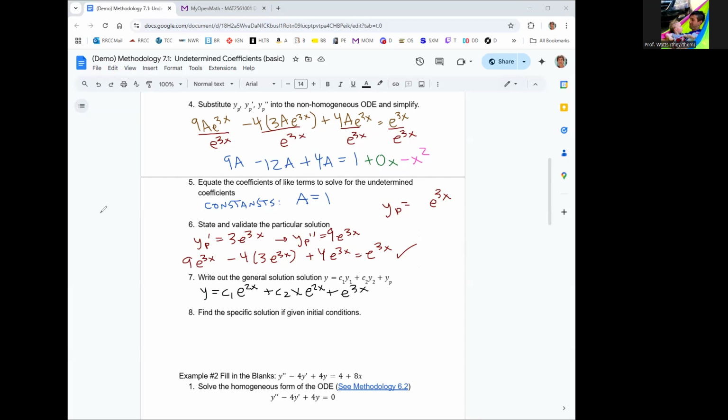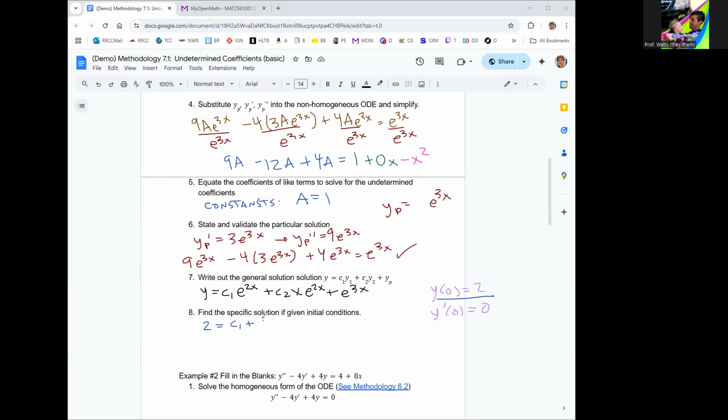Now we had initial conditions here, so we can find a specific solution. Our initial conditions: y of 0 equals 2, and y prime of 0 equals 0. So if we put in y of 0 equals 2, we replace all the x's with 0, and then 2 on the left. And then that's actually 0 there.